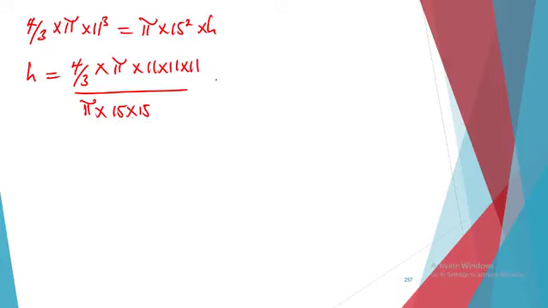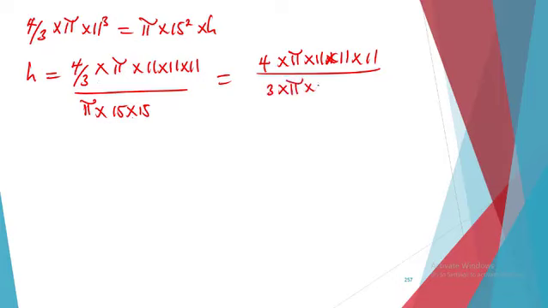So that is it. That will give us 4 times pi times 11 times 11 times 11, all over, these 3 will come down, 3 times pi times 15 times 15. Remember this pi, we'll just eliminate this pi.